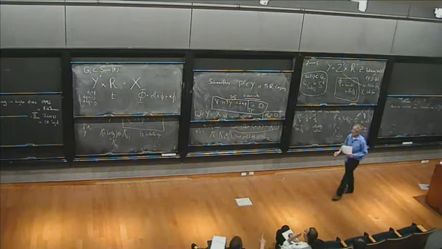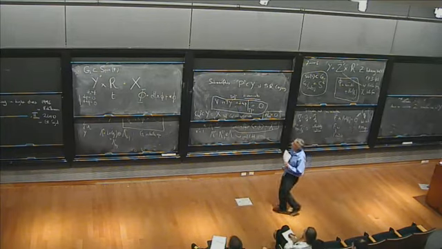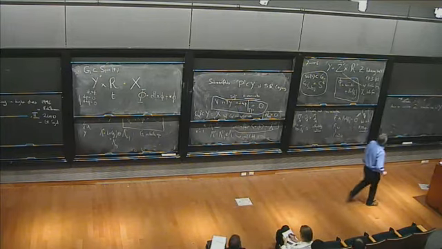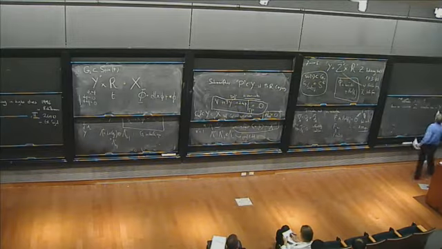Sigma is in Z, times R. Sorry, that's Z, isn't it? We've got to Z. Yeah.